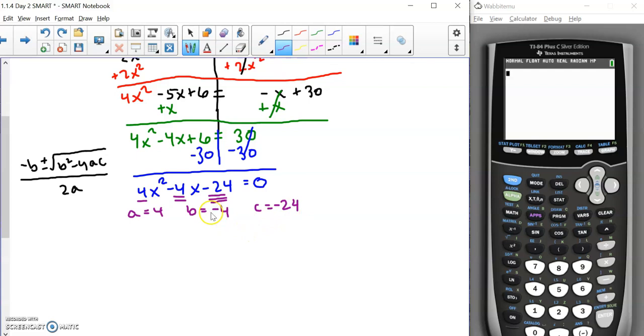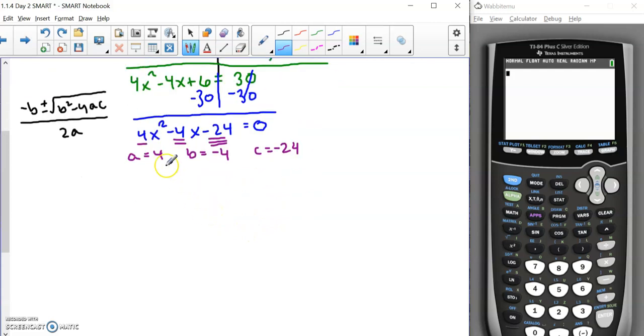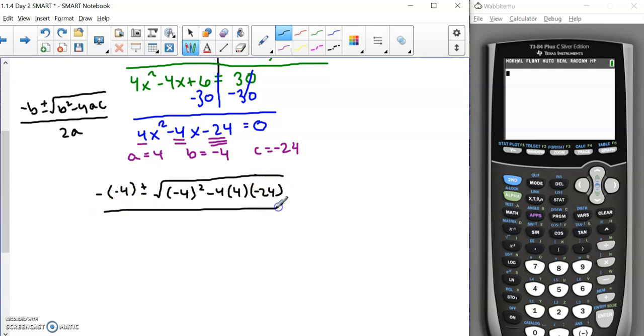All right, so now let's go ahead and start plugging into our formula. We have negative b plus or minus the square root of b squared, so we put our b in that spot, minus 4 times a, our a value is 4, times c, which is negative 24, all over 2 times our a value.